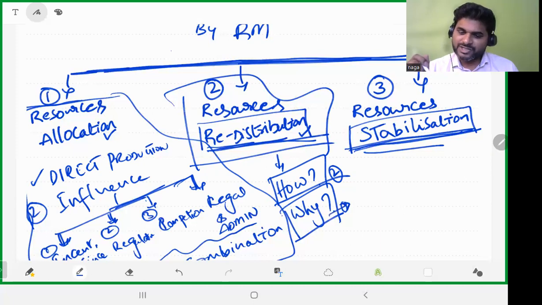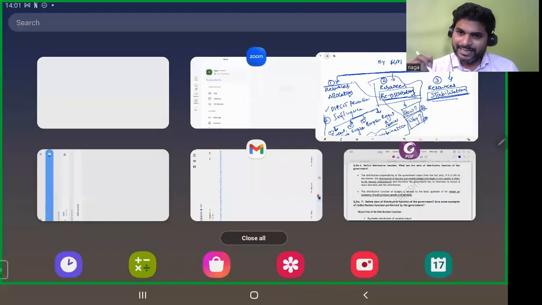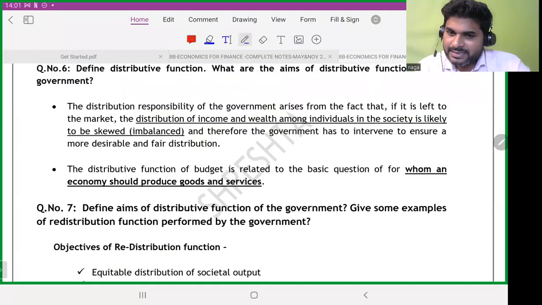The distribution responsibility of the government arises from the fact that, let's read it from the book, if it is left to the market forces, just like resource allocation, the distribution of income and wealth, as we already studied, especially the inequalities in India. We all know the top 10 people own close to 20 to 30% of India's wealth.